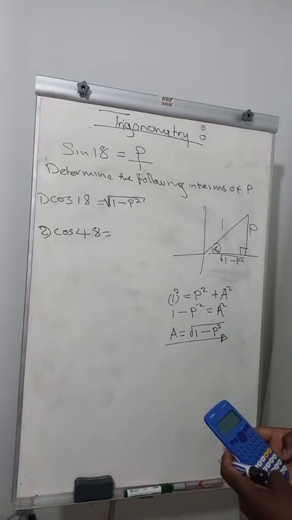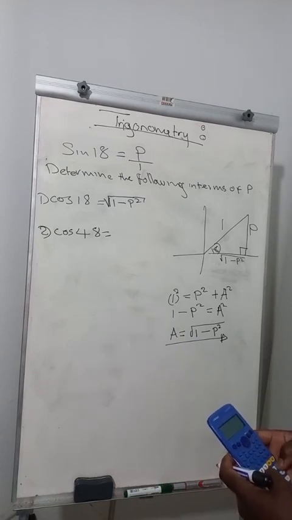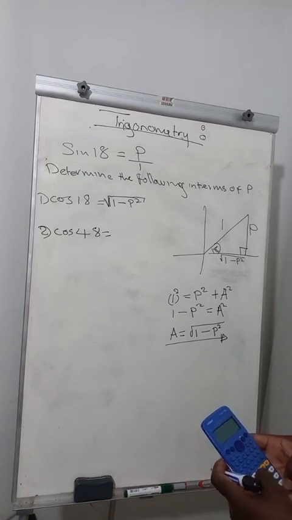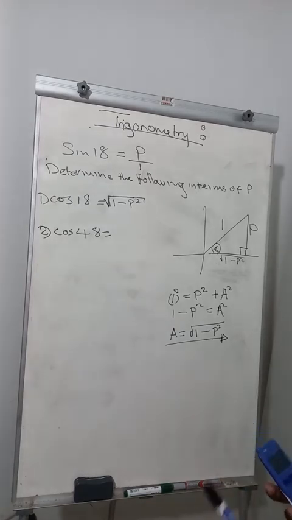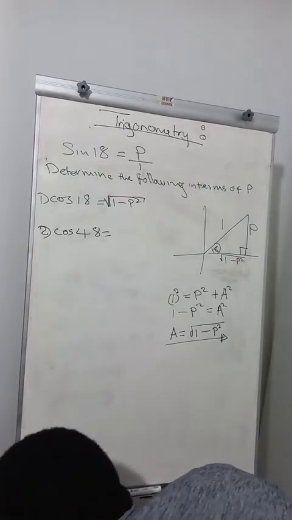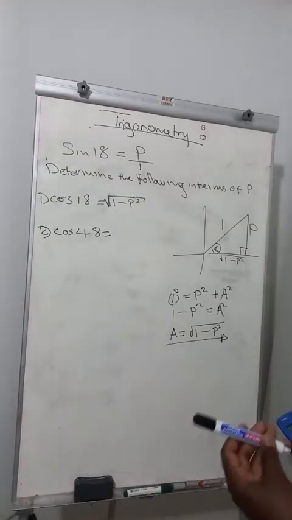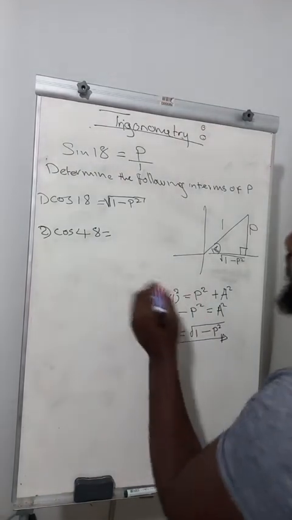Then maybe 90 minus 48, I get 42. 42 divided by 18, I still get a fraction. So what you need to do here is use compound angles.